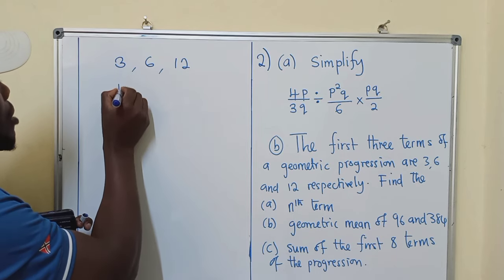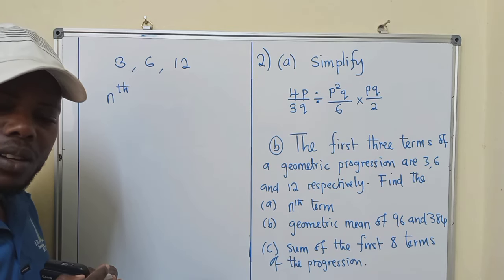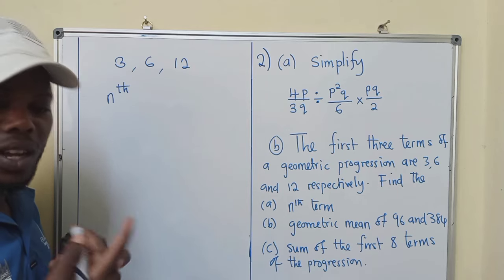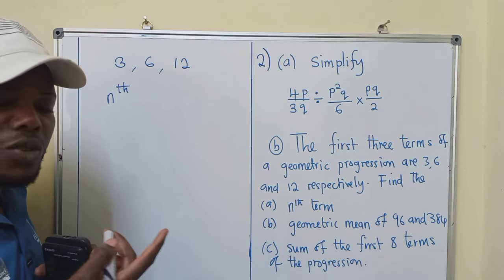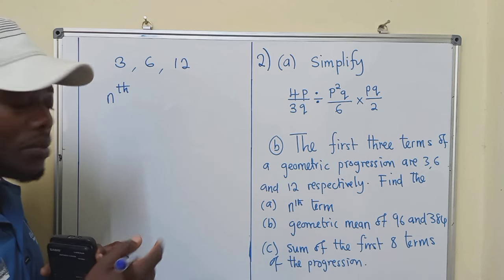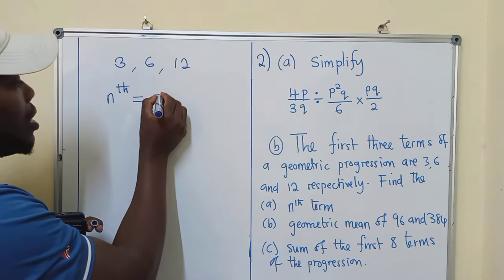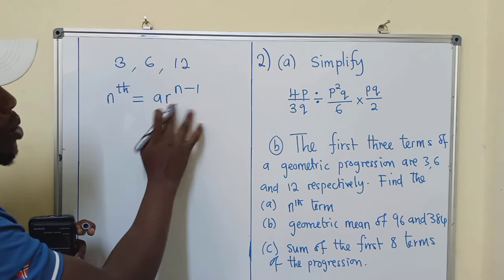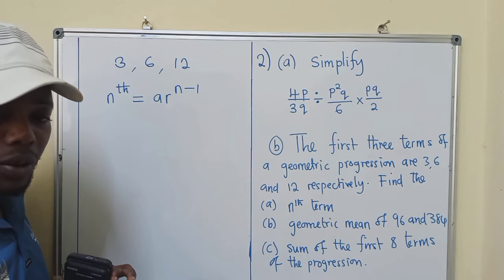For the nth term, do you know first of all what it means when they say nth term? It means find the general formula that you can use to find the terms. The given formula that we have is this one. We know this is the formula we use to find the term under geometric progression.